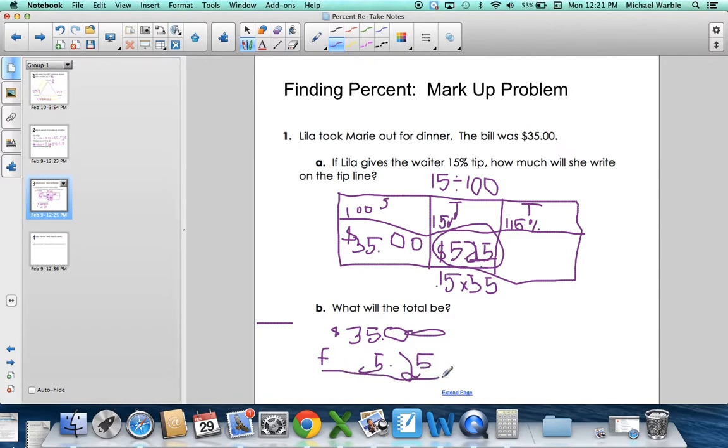And your total answer is going to be, I'm going to write the answer up here, $40.25.